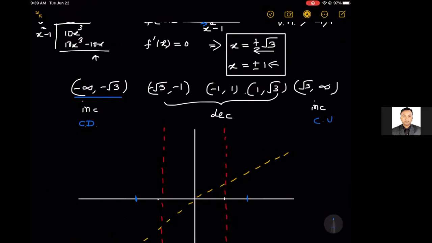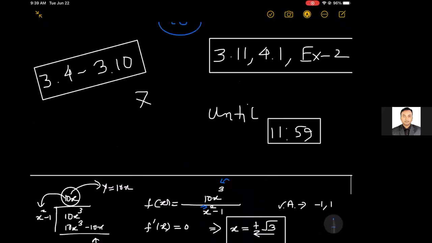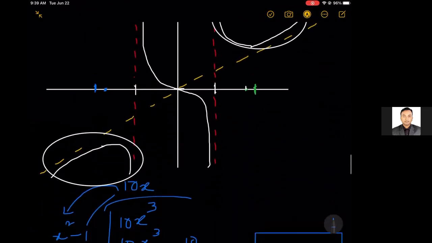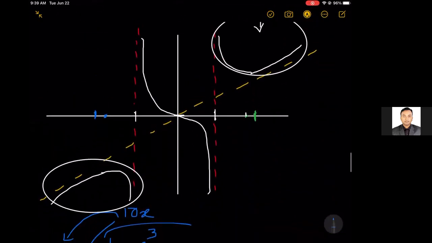For this one, if you find the other three parts and follow this procedure, you'll be able to draw the entire graph. I've already shown it the last time, and I actually got it using this procedure. Whatever I did here for the first part, it's the same thing.